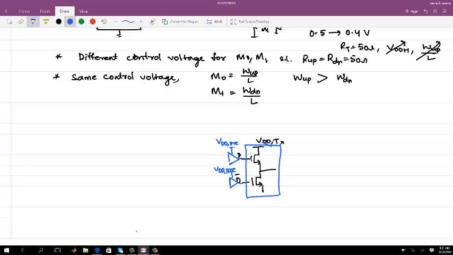If I want to change the output swing, so output swing is equal to VDD Tx by 2, right? If I vary output swing, what should I vary if I do not want to vary the size?